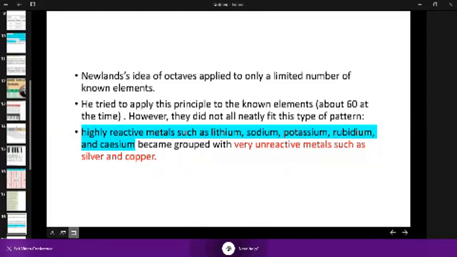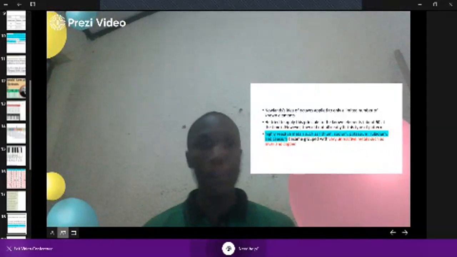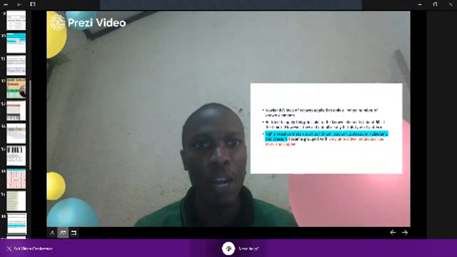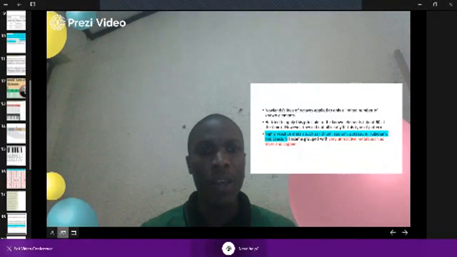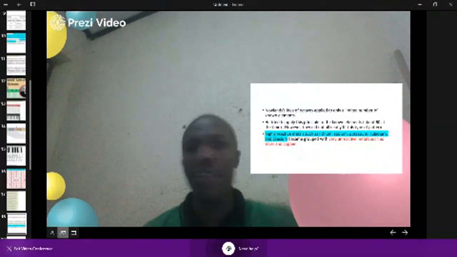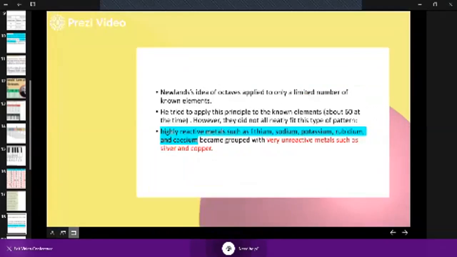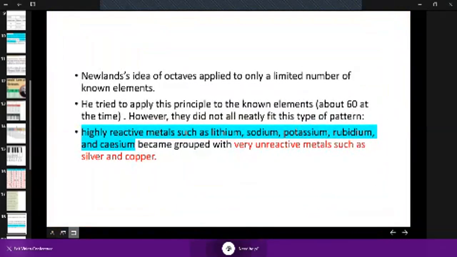Then also you need to know that highly reactive elements such as lithium, sodium, potassium, rubidium, and cesium became grouped with unreactive metals such as silver and copper. That was really unrealistic, and therefore the scientists told him, please, New Zealand, go away. We shall not accept your work. Come on, go and make more research.